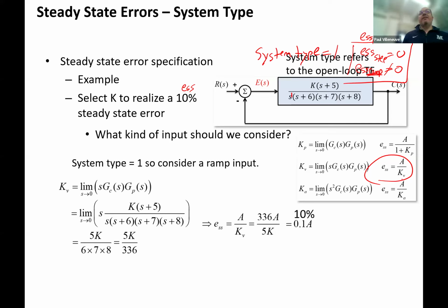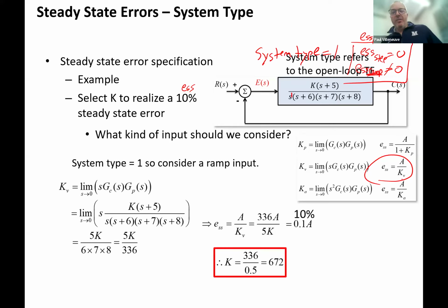It's 10% of the input, so it'd be 0.1 times A, not 0.1, okay? Because we have an input, if we want it to be 500, we want the output to be within 10% of 500, not 10% of 1, essentially. So that's why we have to put the 0.1 A. So when you do that, your value of K needs to be 672 or greater, right?